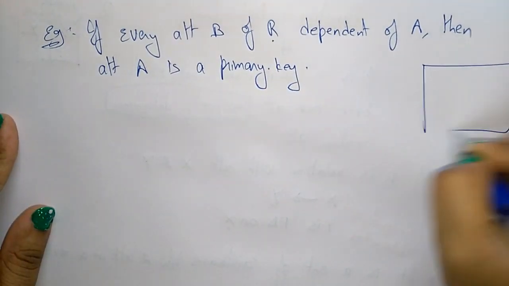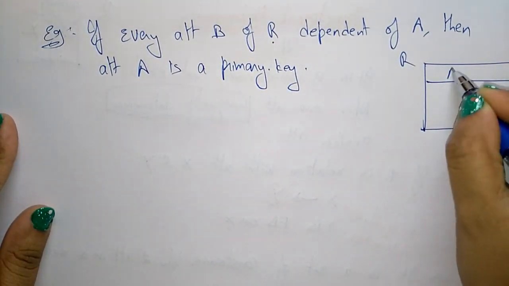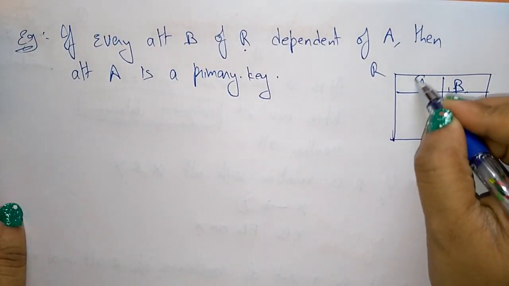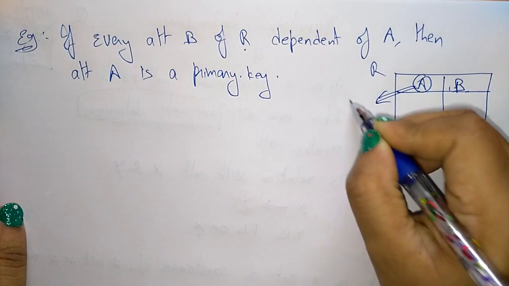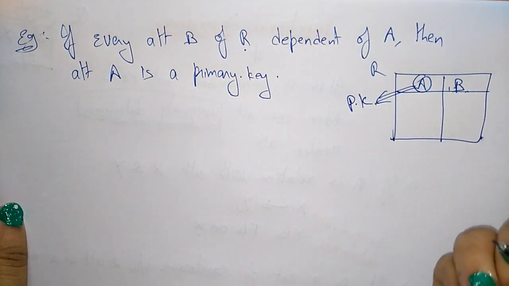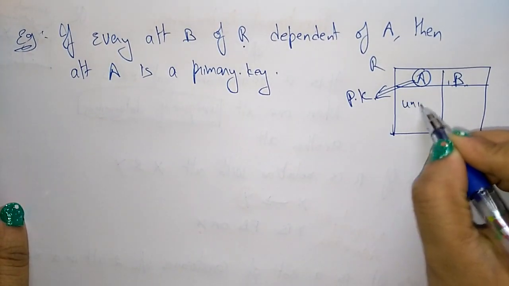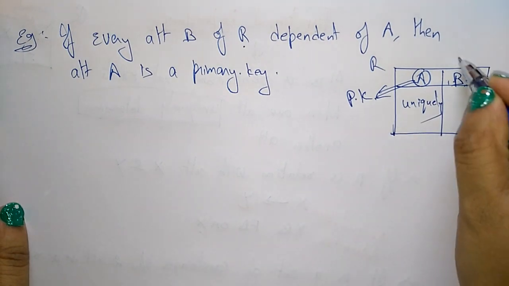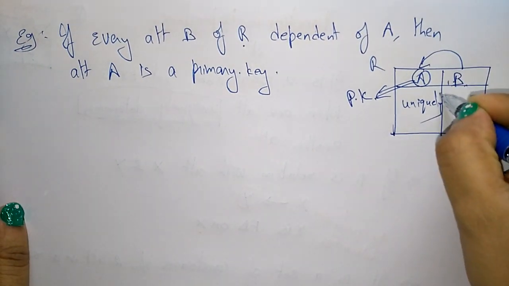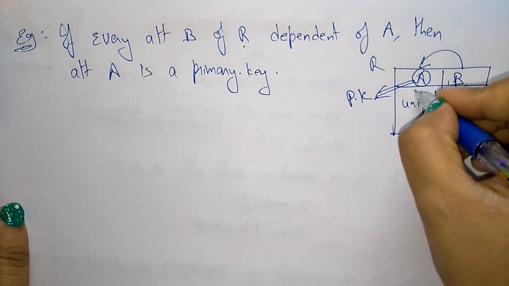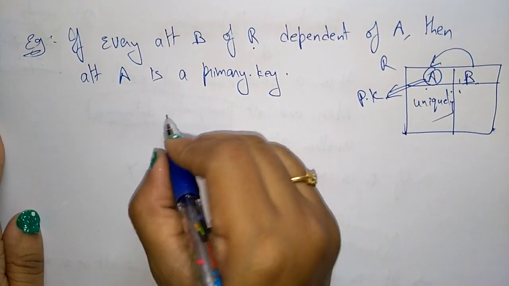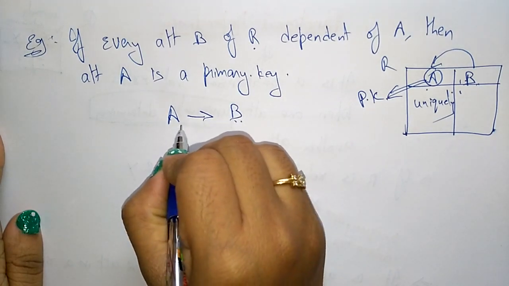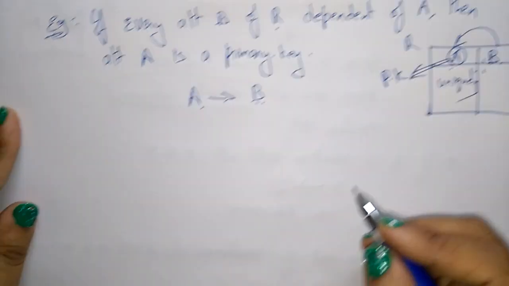So R is a relation, A and B are attributes, and attribute A is represented as a primary key, meaning it uniquely determines. That's why B always depends upon A. If B depends upon A, then a functional dependency exists between these two attributes: B is functionally dependent on A.